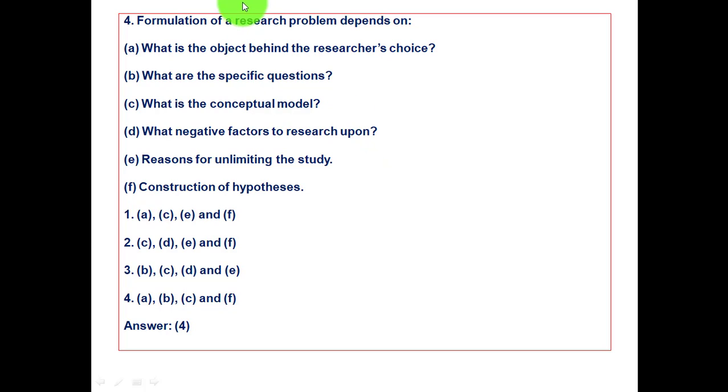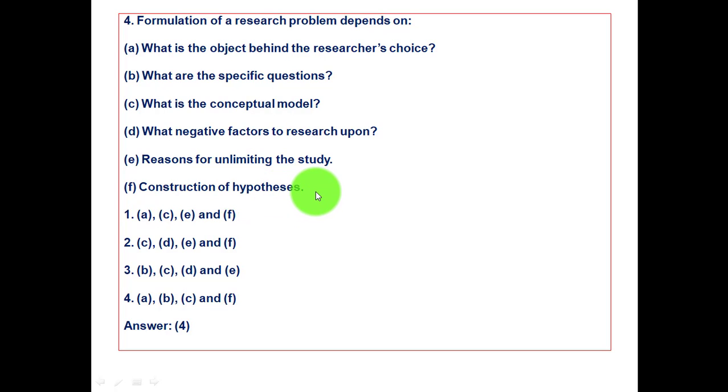Next question: formulation of a research problem depends on. While formulating a research problem, what are the factors it depends on? First option, what is the objective behind the research? Of course, this is the first factor. Then, what are the specific questions? What is the conceptual model? That is also okay. Then what are the negative factors to research? No, that is not concerned. Then reasons for delimiting the study, that is also not concerned.